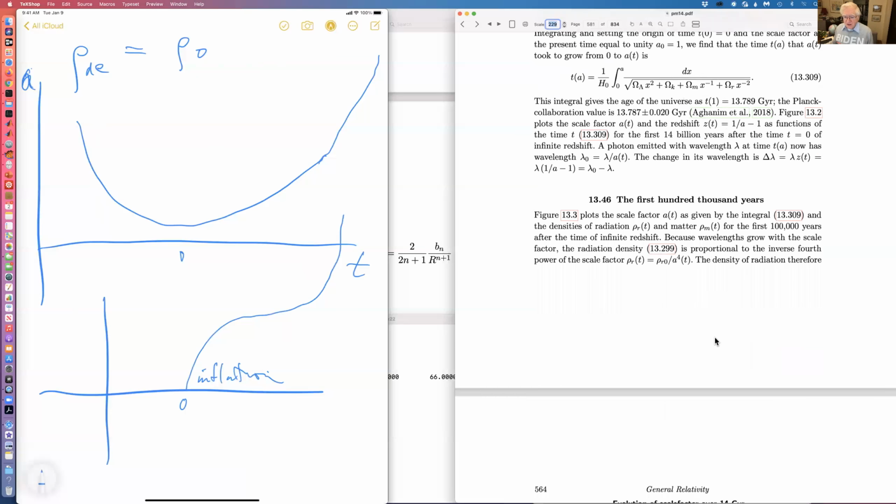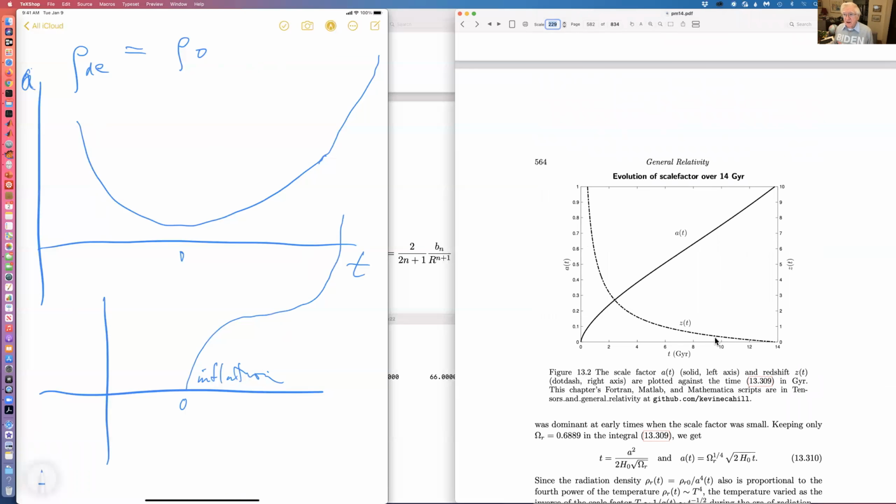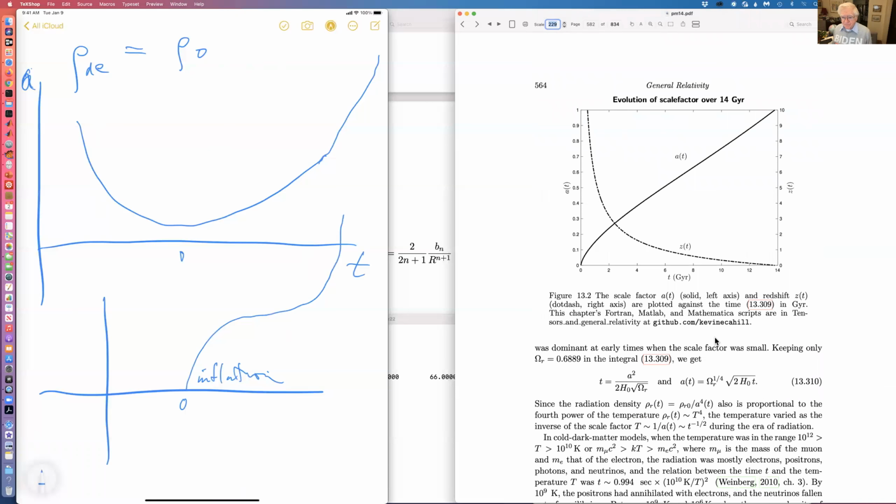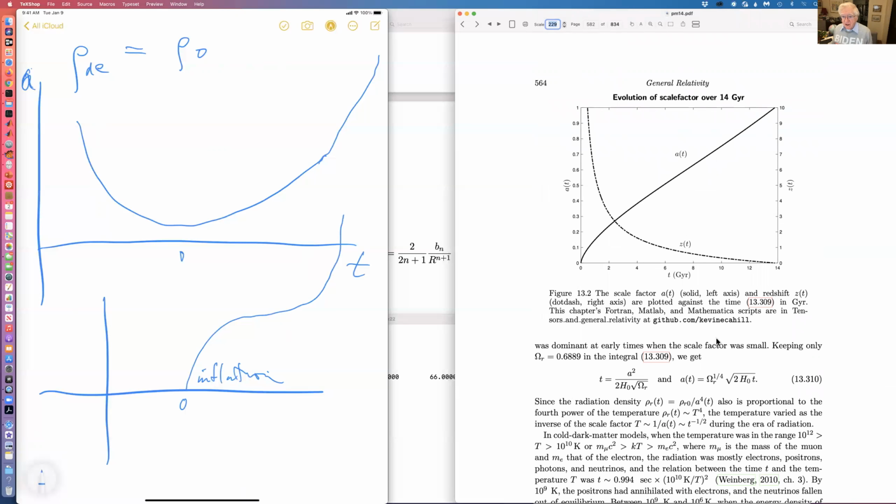And so the first, the total evolution over the 14 gigayears that we know about looks like this. I wrote a Fortran program to do this numerically, taking the Planck data and just doing it numerically.